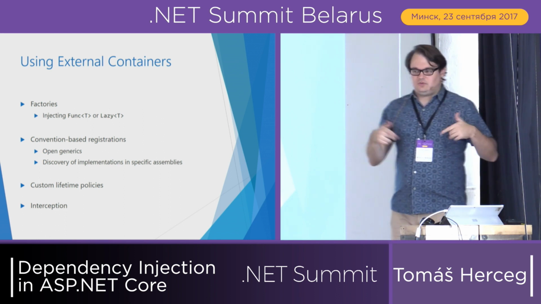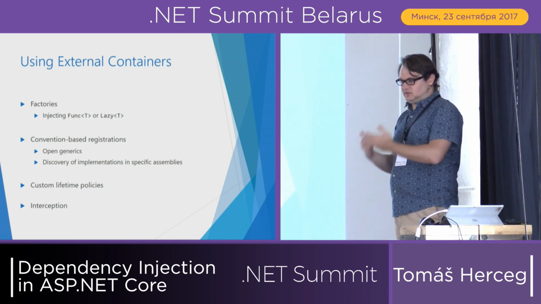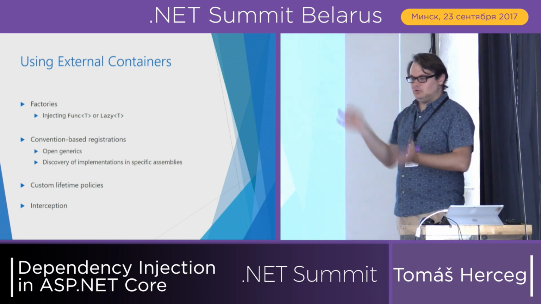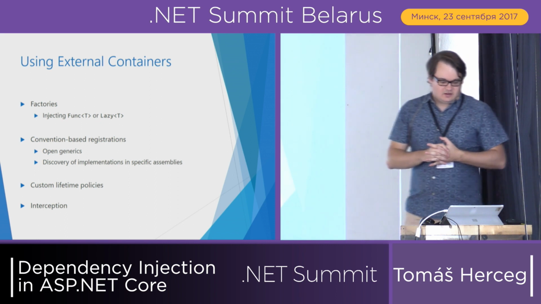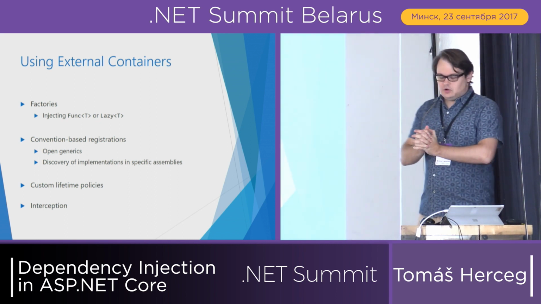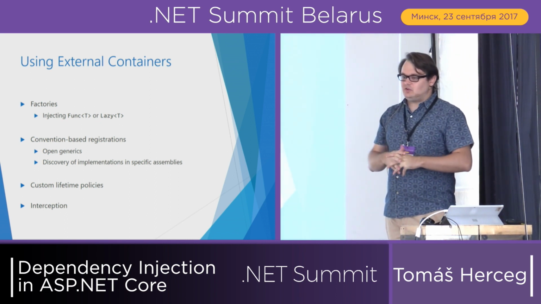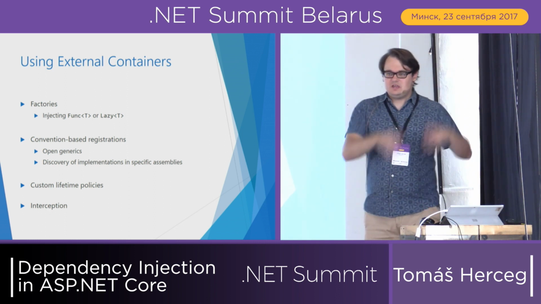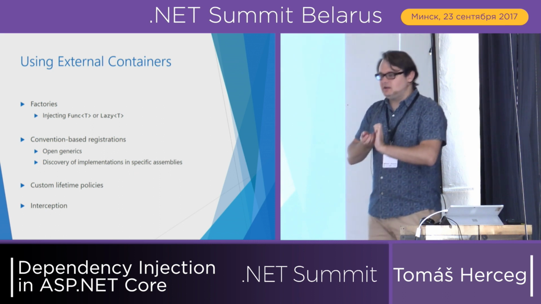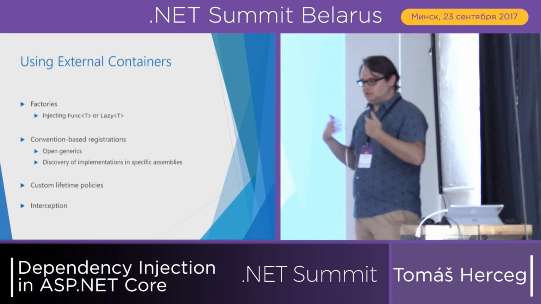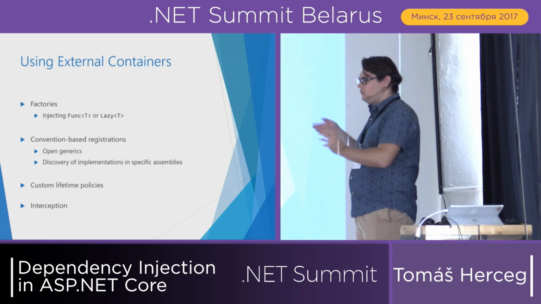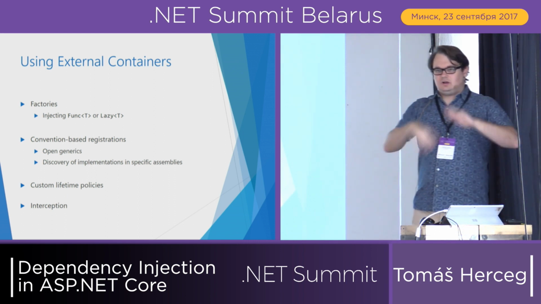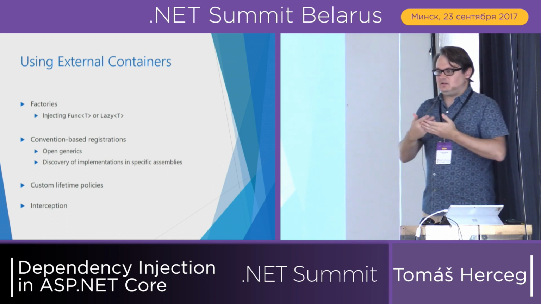Many containers have a nicer and simpler syntax for this, a Fluent API which will be able to discover all these classes quickly. Also, many containers support open generics. It means that if I want to register IQuery of anything and use some service, for example, Entity Framework query of anything. Yeah, it's called open generics, where the generic type is basically a variable.